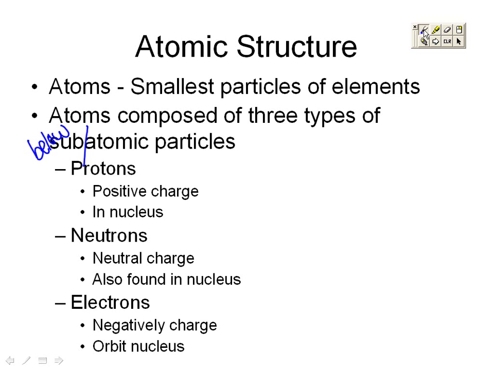We have a neutron, which has a neutral or no charge, also found in the nucleus of an atom. And then orbiting around this nucleus, we have negatively charged electrons. Now, most of an atom is actually empty space. There is a tightly packed nucleus of protons and neutrons, randomly orbiting electrons on the outside, but mostly empty space.